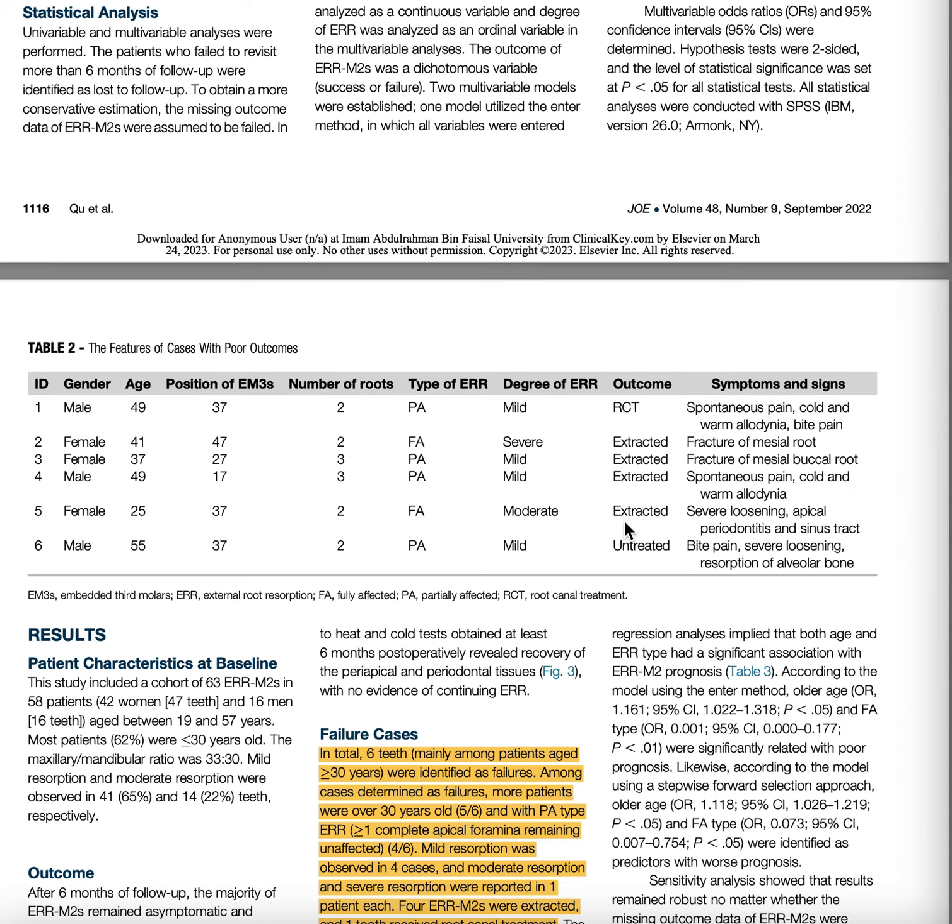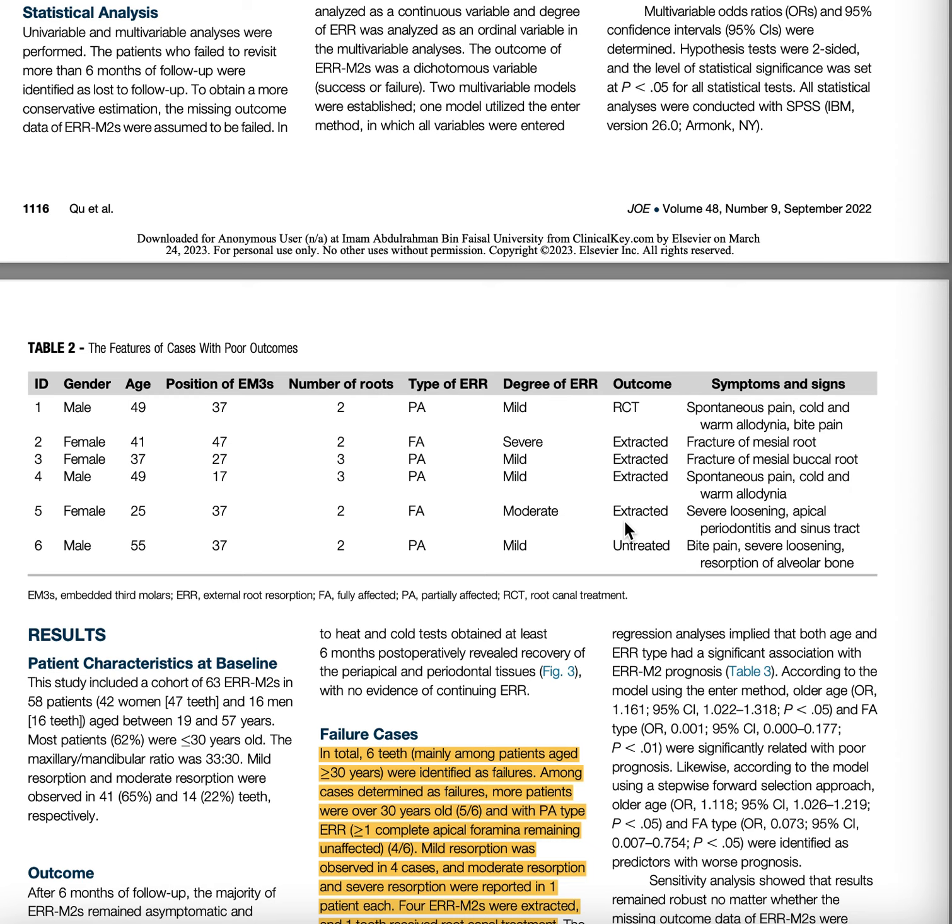More patients were over 30 years old, 5 out of 6, and with the type of external root resorption where complete apical foramina remain unaffected, 4 out of the 6. Mild resorption was observed in 4 cases, and moderate resorption and severe resorption were reported in 1 patient each. 4 teeth with external root resorption were extracted and 1 tooth received root canal treatment.